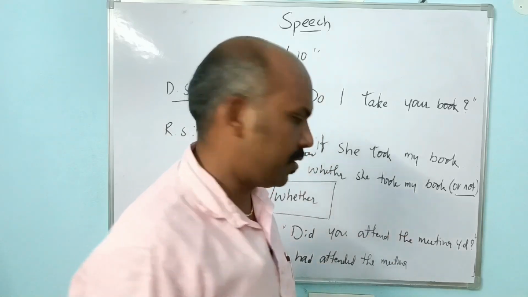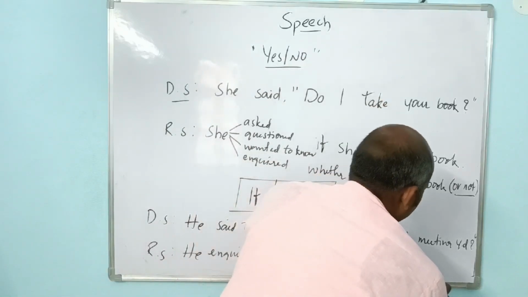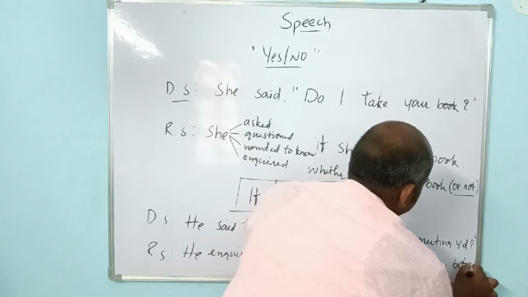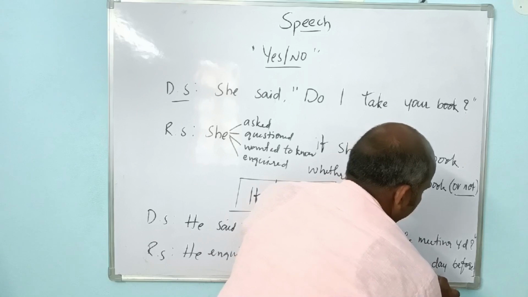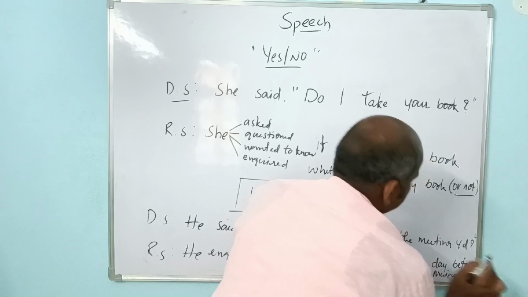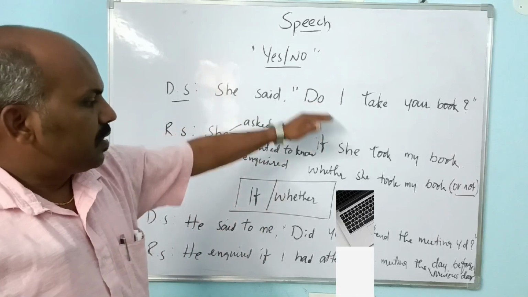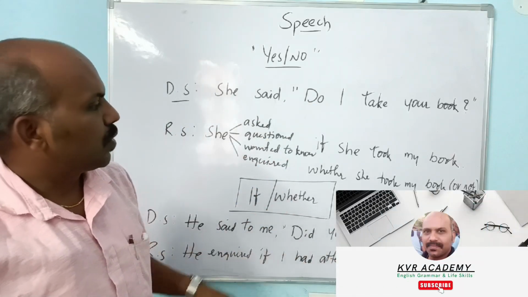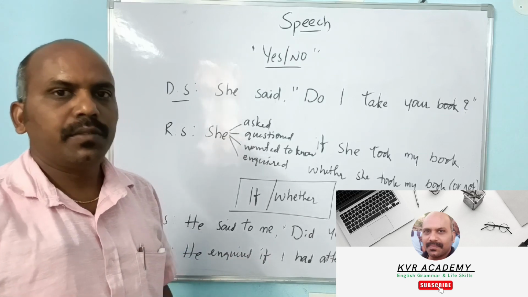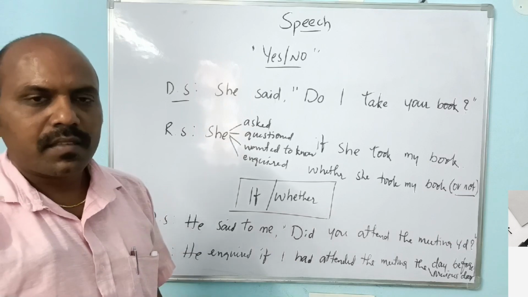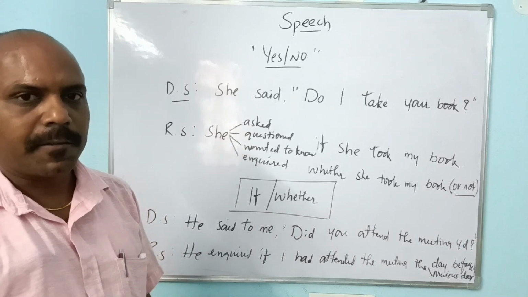Yesterday changes into the day before, or the previous day, right? So these are two examples, simple present and simple past, of how yes or no questions change into reported speech. The remaining tenses work in the same way.